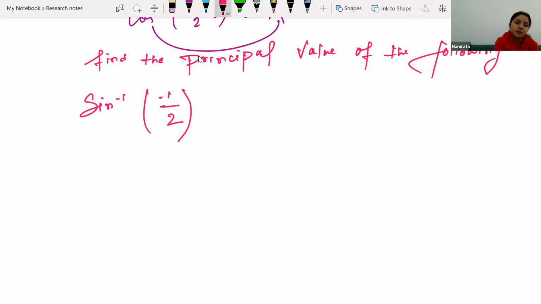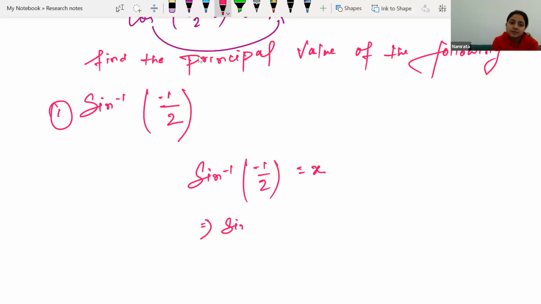So we have to find the principal value of this given trigonometric function. What will be the principal value? We can assume sine inverse minus 1 by 2 as x. So from here we can say sine x is minus 1 by 2, right?